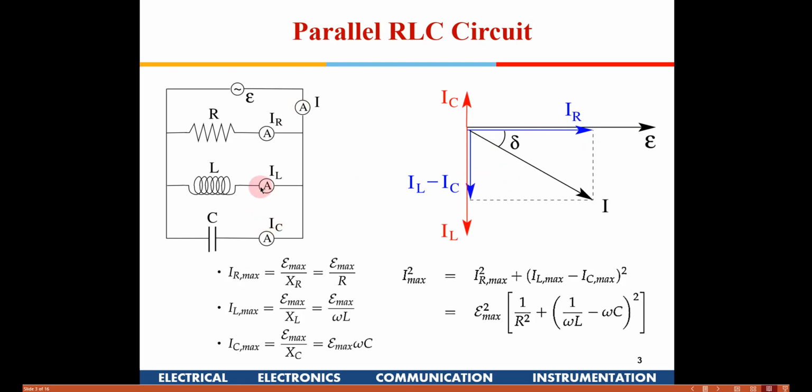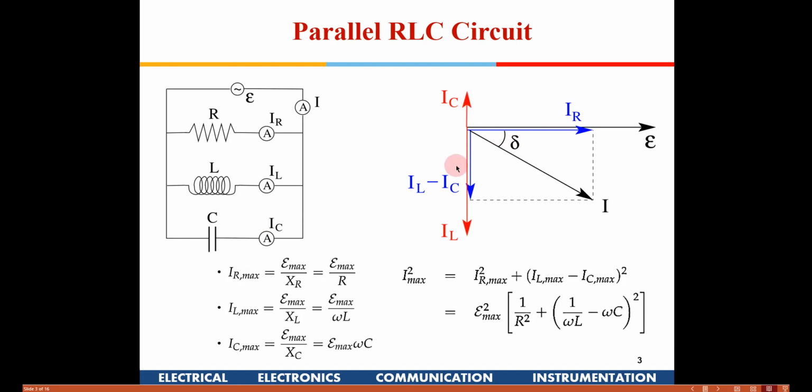In the case of the inductor, the current is going to lag the applied voltage by 90 degrees, so the red line is shown pointing downwards, IL. In this particular example, we are assuming the inductor current is greater than the current in the capacitor, and the capacitor current is going to lead the applied voltage by 90 degrees, so it is shown in the upward direction.